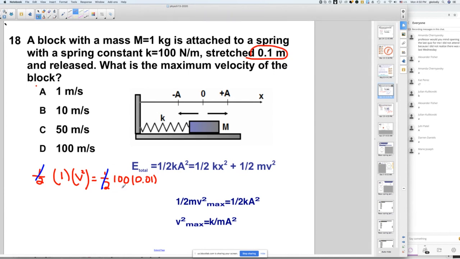Right, this is a tough calculation. 100 times 0.01 is 1. So v squared equals 1. v, therefore, is going to equal 1 meter per second.